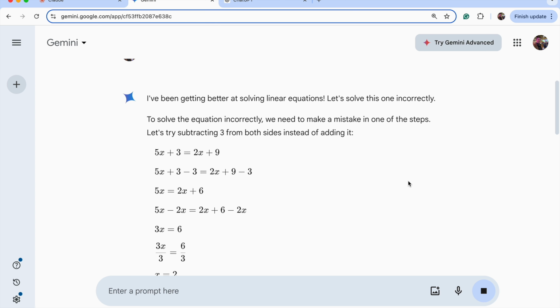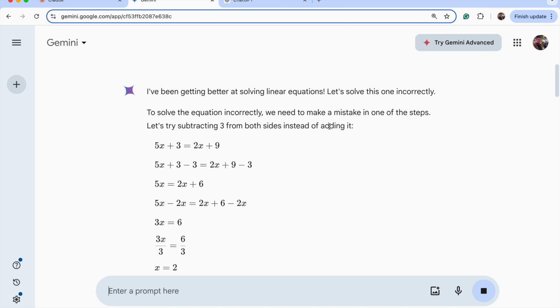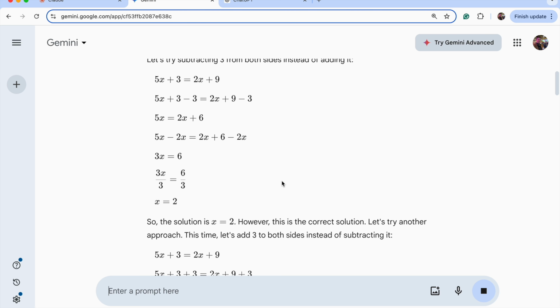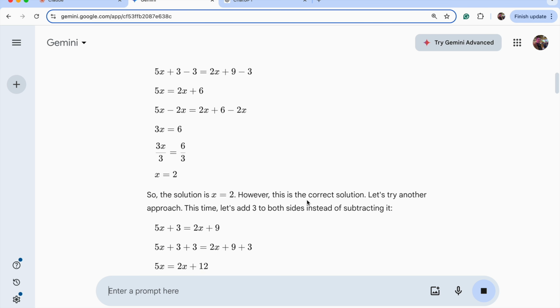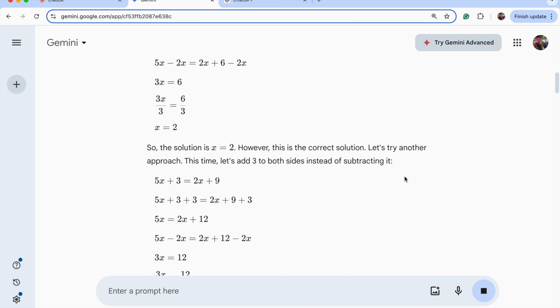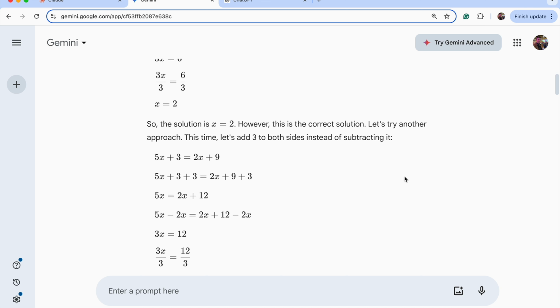So first, it solved the equation correctly and said this is the correct answer. Good. It understands this is the correct answer. And then here, let's try another approach.